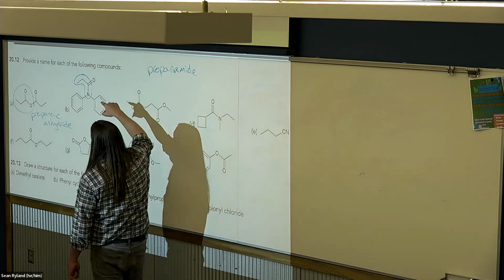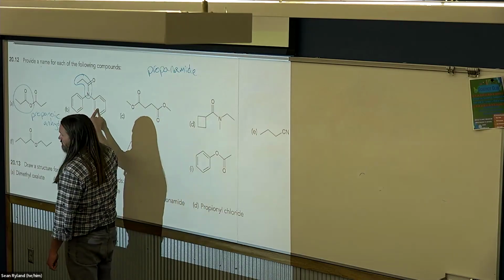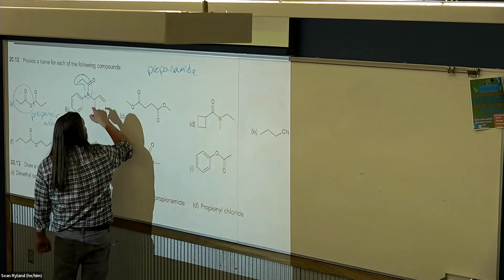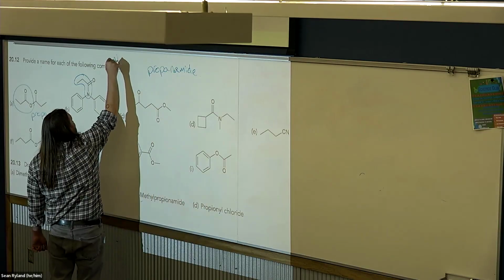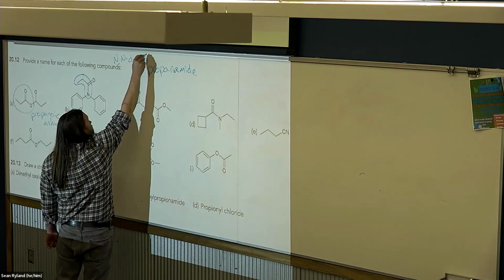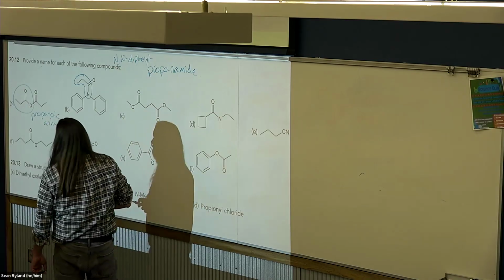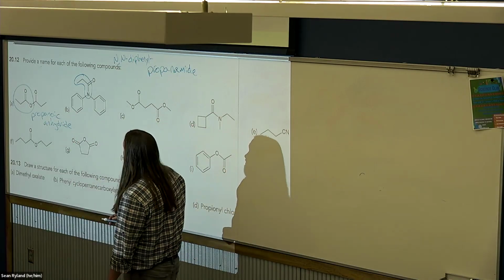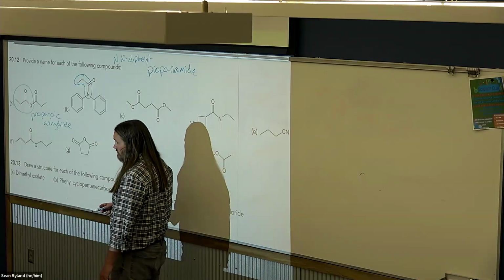So propanamide, it's got two phenyl groups, both attached to a nitrogen. So N,N-diphenyl, or you make it the same word.